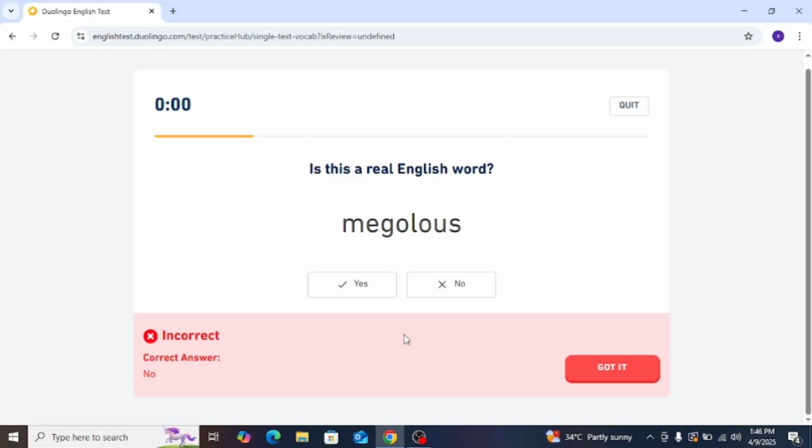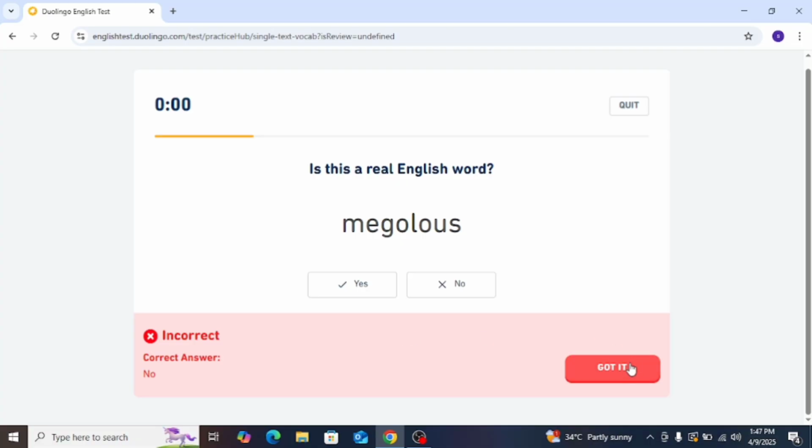I'm not taking the real Duolingo English test. This is practice for you guys, because it helps us get good scores in the real Duolingo English test. That is why I'm taking it as practice. So this word is not a real English word.